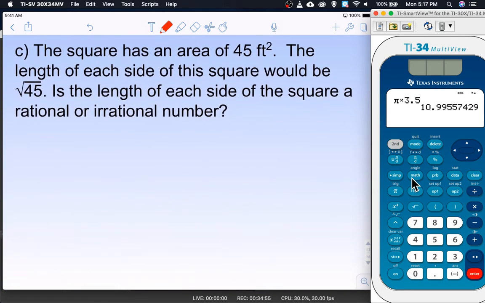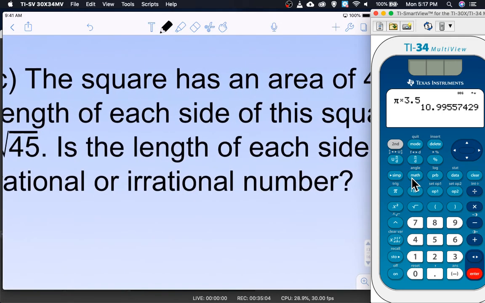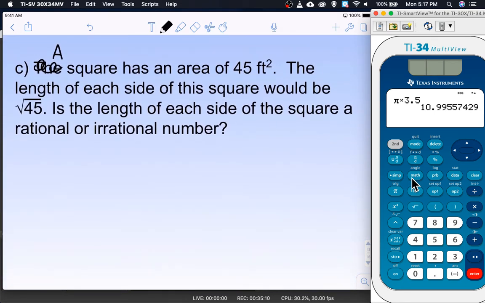Letter C. How about a square instead of a tank?